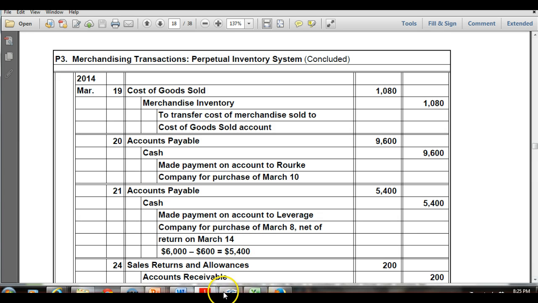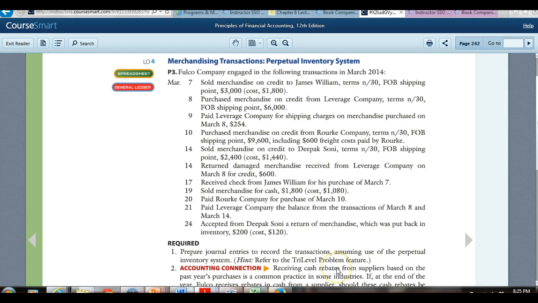Next, we have, we paid Leverage Company the balance from the transactions of March 8th and March 14th. So on March 8th, we purchased merchandise from Leverage, but look what happened on March 14th.